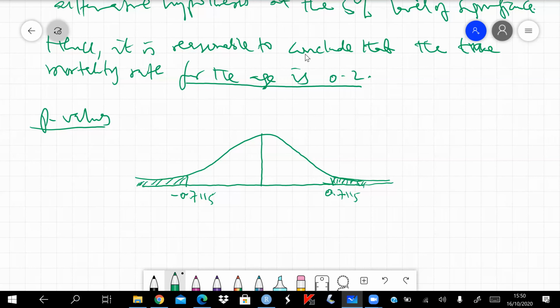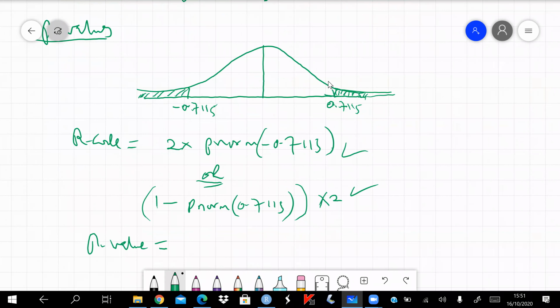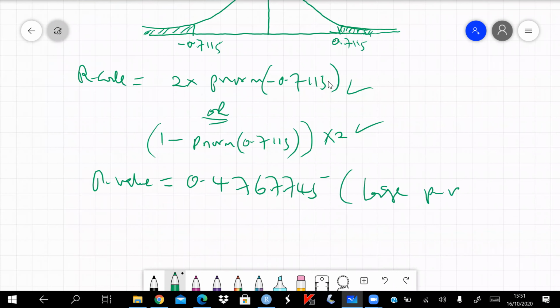So when you run the R code, as you've done in the background, you notice that the p-value in this case is 0.47677745, which is a very large p-value.